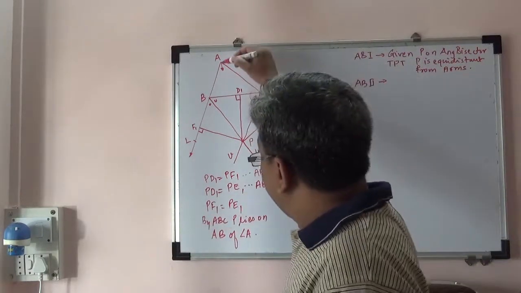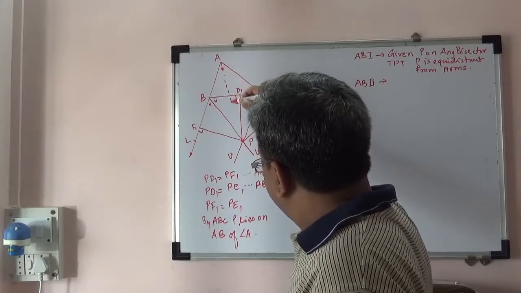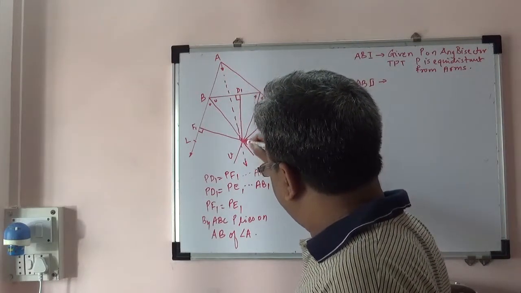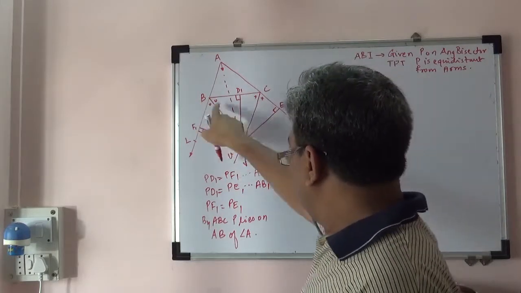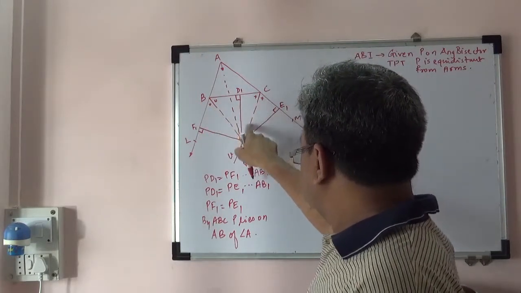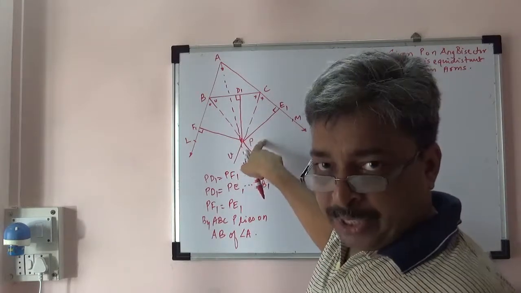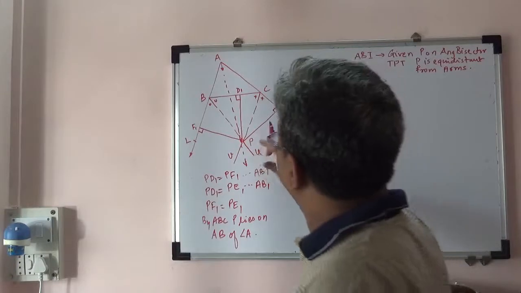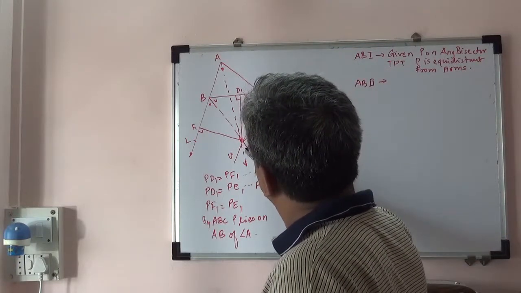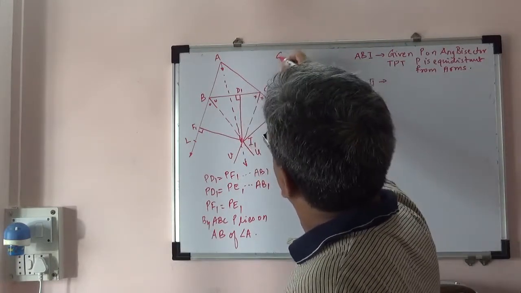So if we draw this angle bisector, it will pass through this point, and all three bisectors, two external and one internal, will be concurrent at P. Now this point P is known as the excenter and denoted by I1.